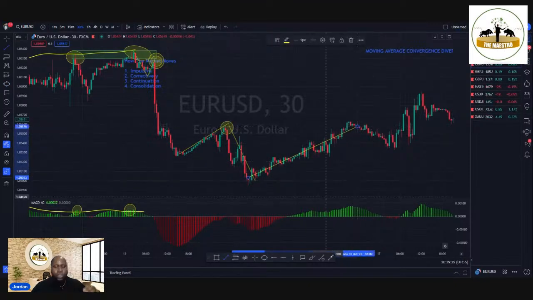But this is where I start to tell people, if you just focus on one pair sometimes, I know we like looking at different pairs, and that's fine. There's nothing wrong with that. But sometimes if you hone in on one pair and one trend and one thing that's going on, sometimes you catch an entire move and that makes your entire week.